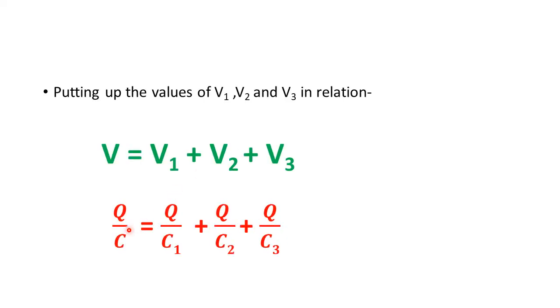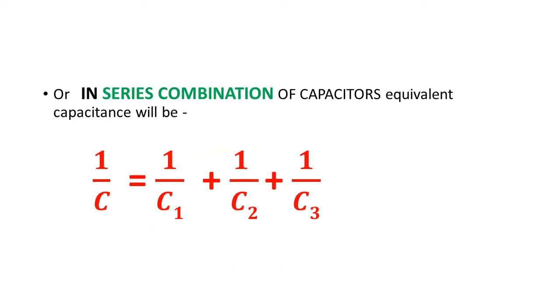Putting in their values, you get Q by C is equal to Q by C1 plus Q by C2 plus Q by C3. Or the formula for equivalent capacitance in case of series combination of capacitors is 1 by C is equal to 1 by C1 plus 1 by C2 plus 1 by C3.